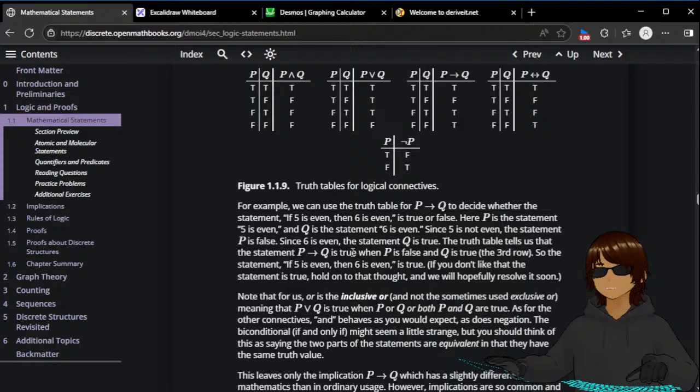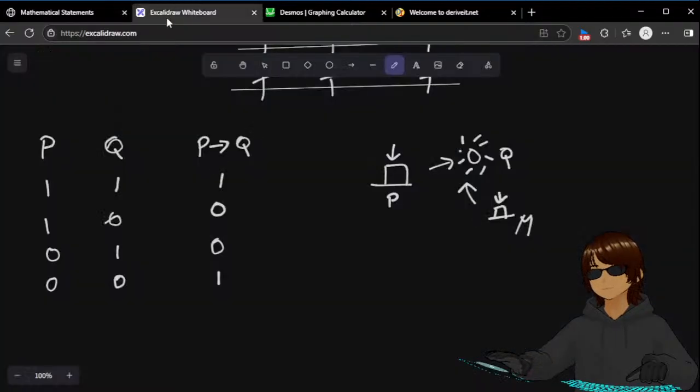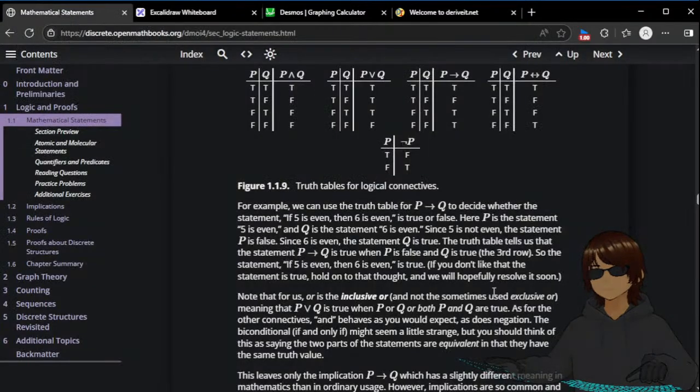The truth table tells us that P implies Q is true whenever P is false and Q is true. So the statement if 5 is even, then 6 is even is true. If you don't like that the statement is true, hold on to that thought. We will hopefully resolve it soon.